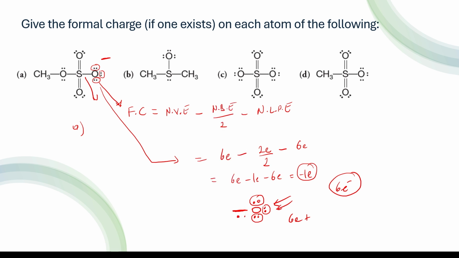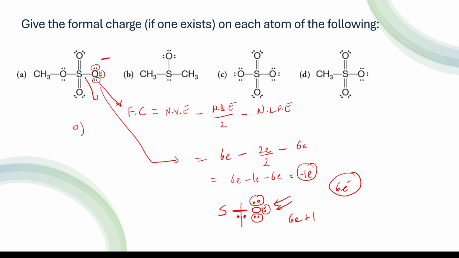One electron is contributed by oxygen and the other electron is contributed by sulfur, meaning that in this single bond, one electron belongs to sulfur and one electron belongs to oxygen. So basically, these 2 electrons are shared equally.